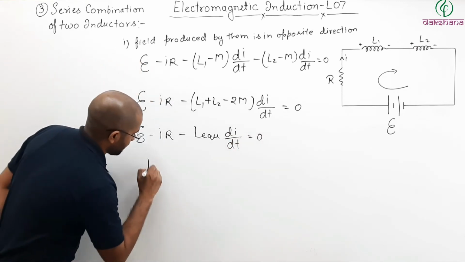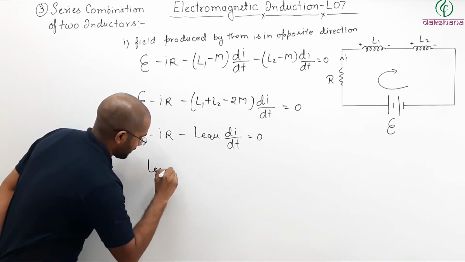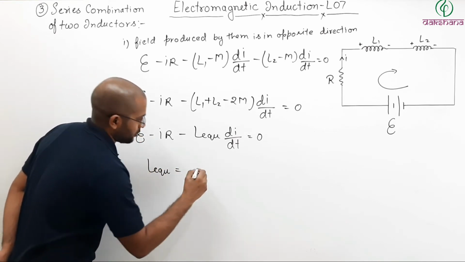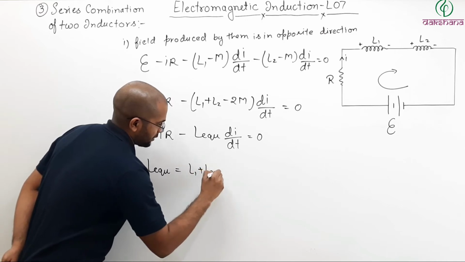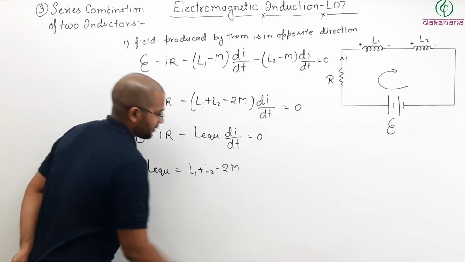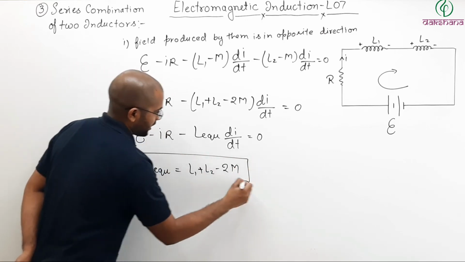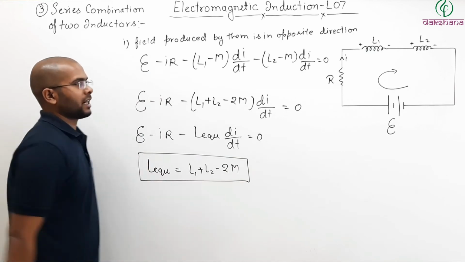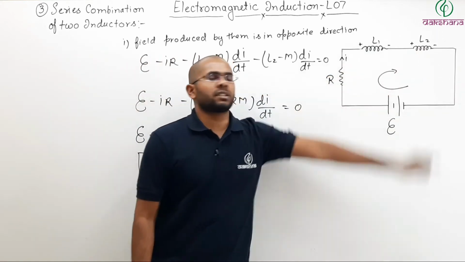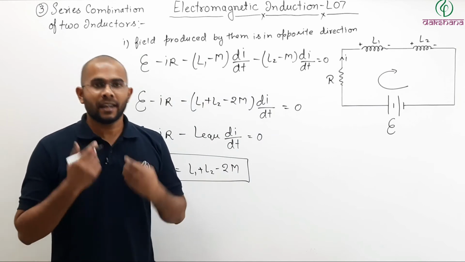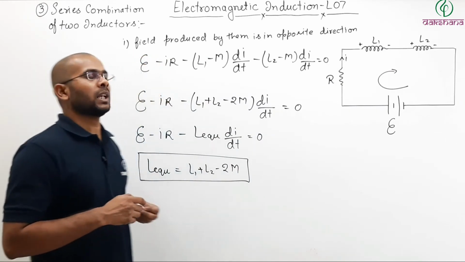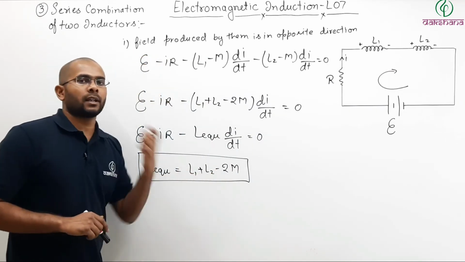So here L equivalent will be equal to L1 plus L2 minus twice M. So that will be equivalent inductance of two inductors connected in series if your mutual inductance is not ignored.